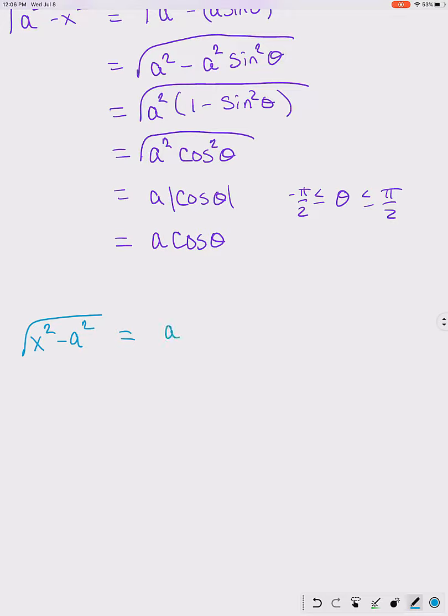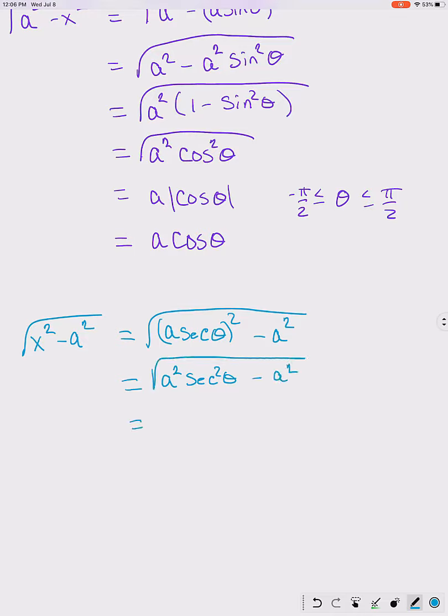So a times the secant of theta, squared, minus a squared underneath the square root. So this is a squared times the secant squared of theta minus a squared underneath the square root.